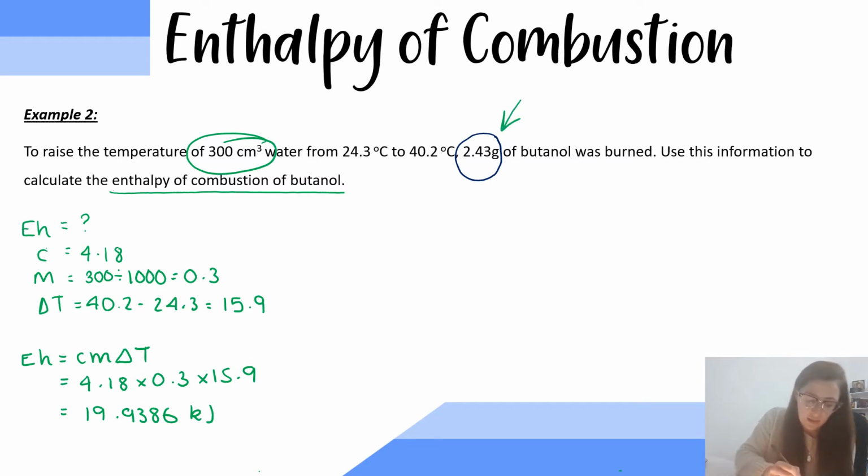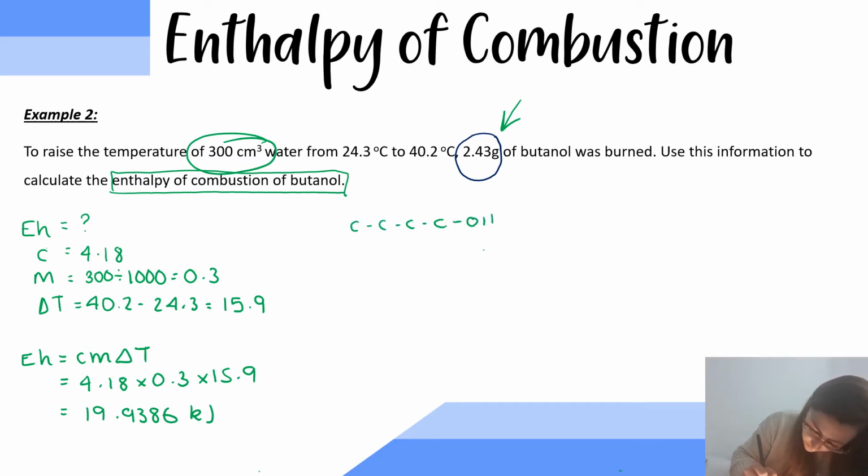So that is how much energy is released when we burn this 2.43 grams, but we want to find out the enthalpy of combustion of butanol, so how much energy is released when we burn 1 mole of butanol. So we need to work out the mass of 1 mole. Butanol has this structure. So 4 carbons, 1, 2, 3, 4, 5, 6, 7, 8, 9 hydrogens, OH.